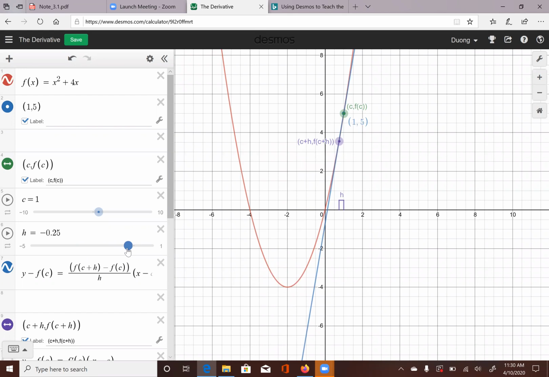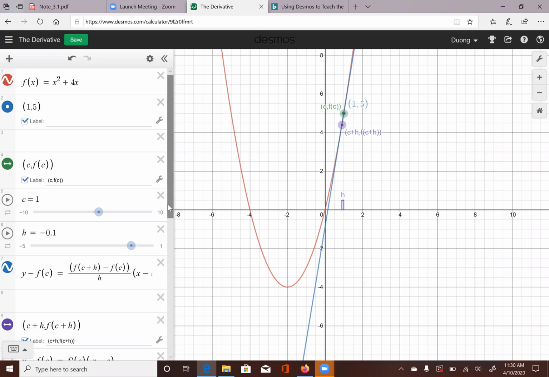This process is called the limit process: you decrease the difference between the two x values of the two points in order to estimate the slope of the tangent line that goes through this point right here. As this point goes closer and closer to the point c, we get a very good estimation for the slope of the tangent line that goes through 1.